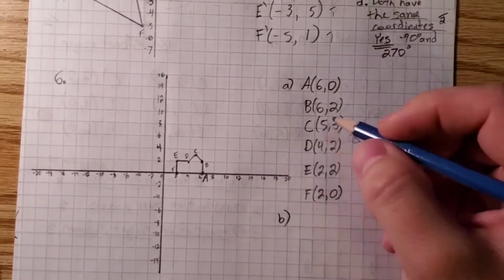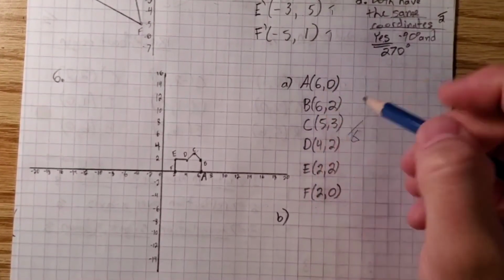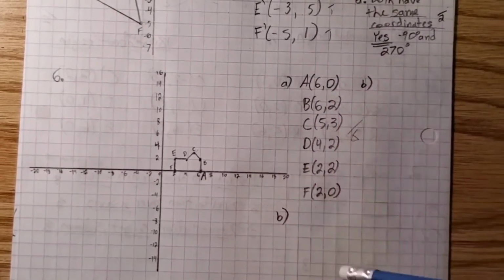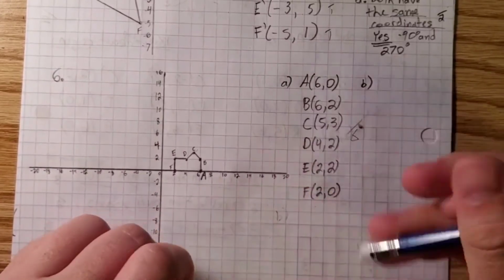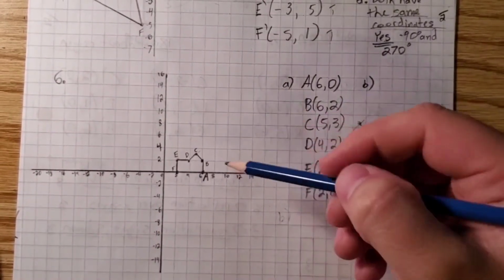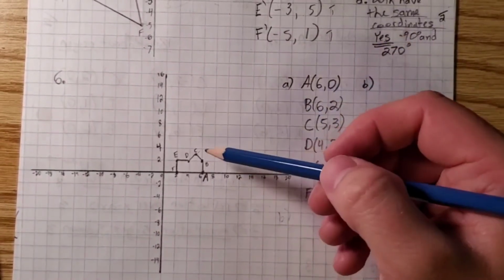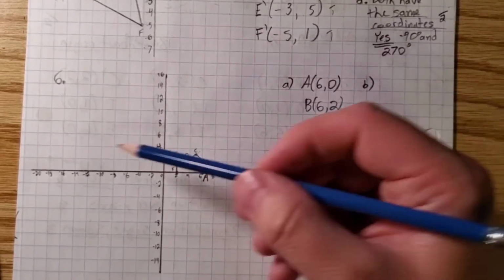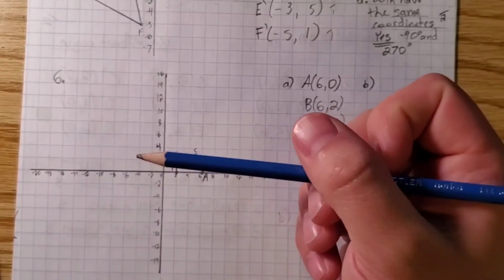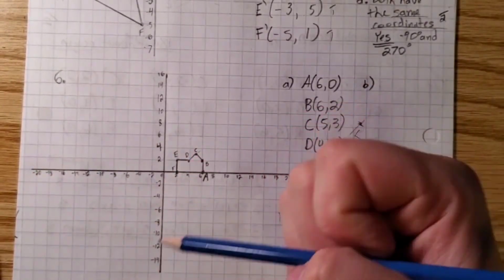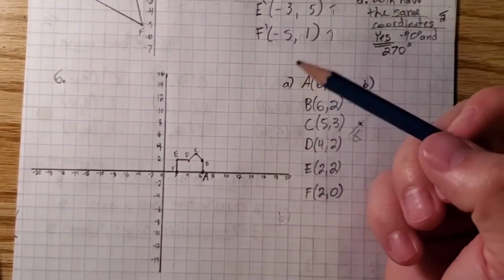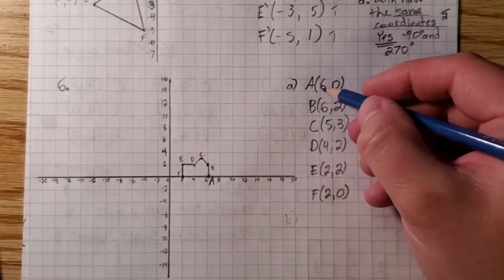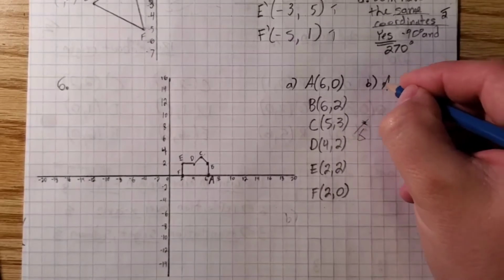You know what? I'm going to write B to the side here. If you think about it, 6 left just means 6 less for your x coordinate, and 2 units up is plus 2 for your y. So we're going to take 6 away from all of our x coordinates.